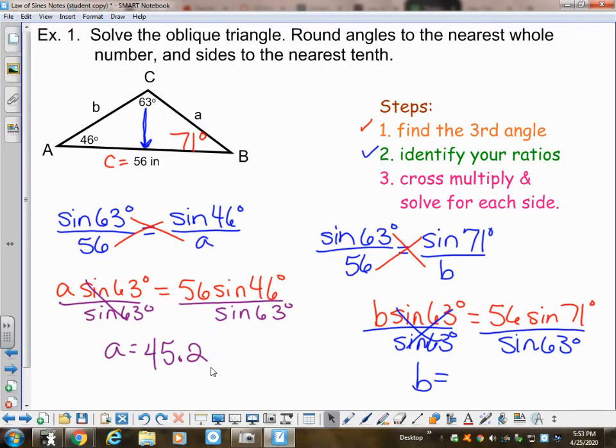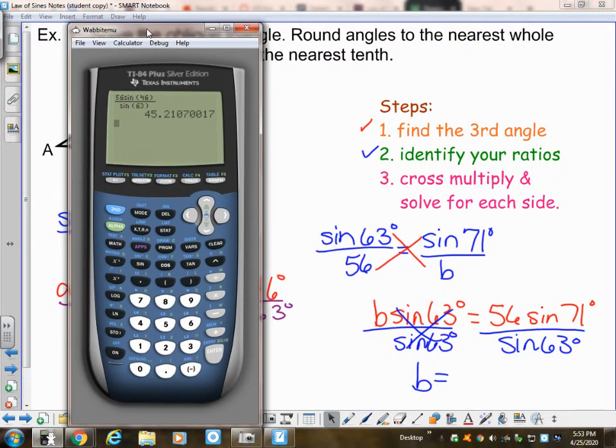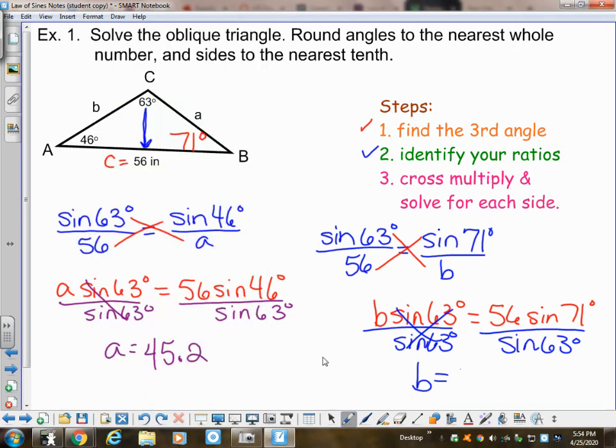Now, if I'm using the graphing calculator, I can just go up to the previous problem, hit enter, and then the only thing that's different is this top angle, 56 sine of 71 over sine of 63. Okay, 59.4.